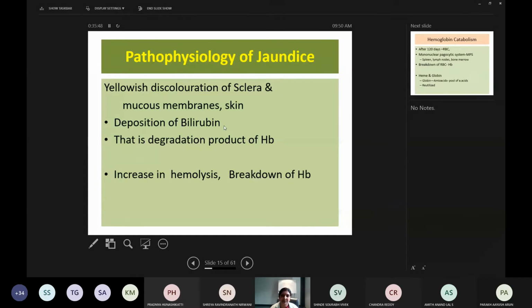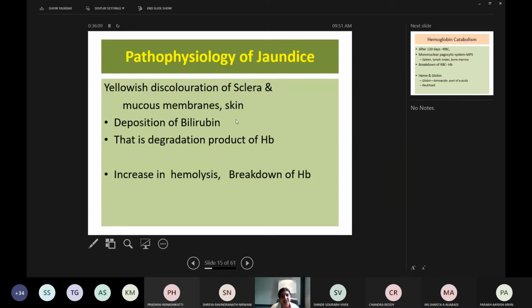That is my question. More than 2 milligram. Okay, more than 2 milligram per deciliter, right? Normal level is? 1.2 to 2. No, it is 0.2 to 0.8, less than 1 is the normal level.